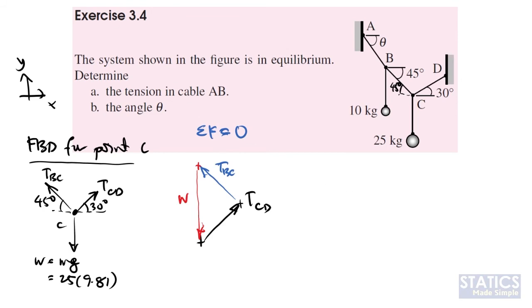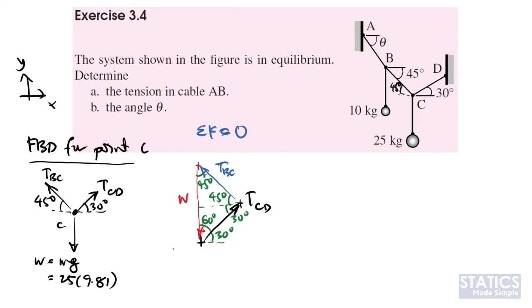Once we have our triangle, the next thing is to determine the angles within the triangle. We have 30 degrees as the angle of TCD, so here is 60 degrees. Again, here you have 30 degrees. The angle of TBC is 45, so here is 45. The angle here will be 45 as well.